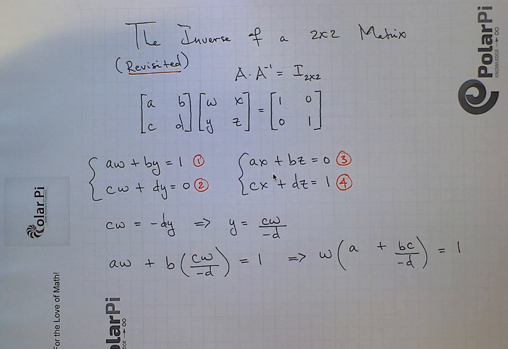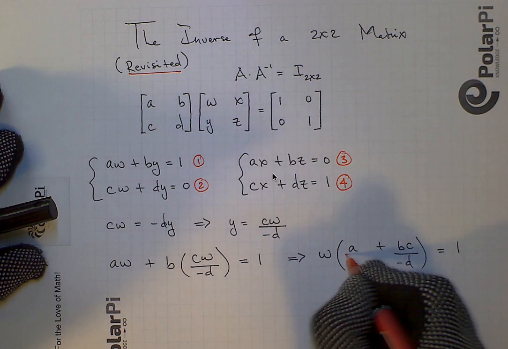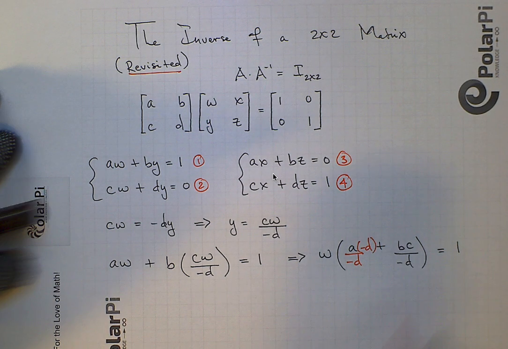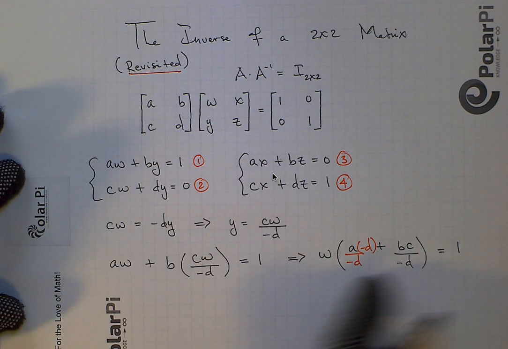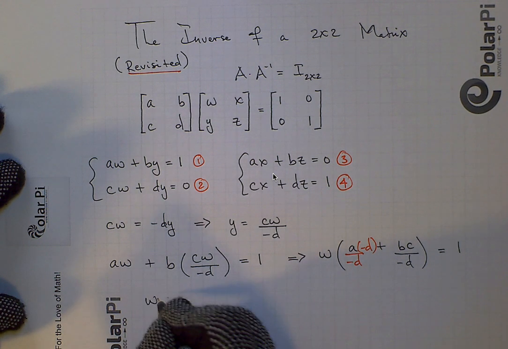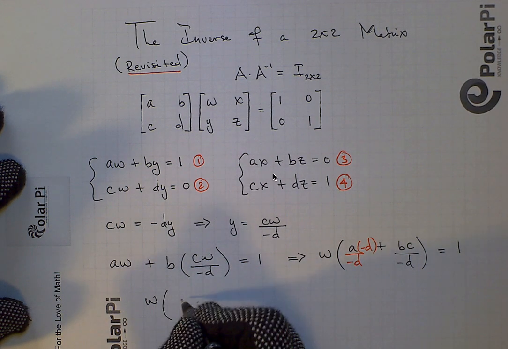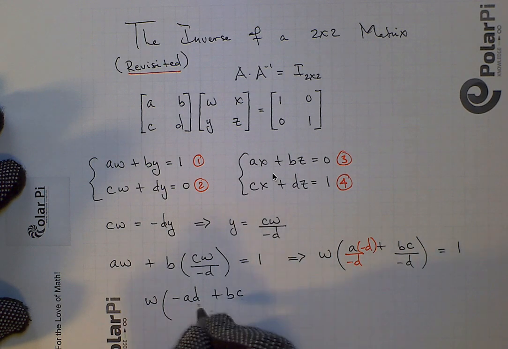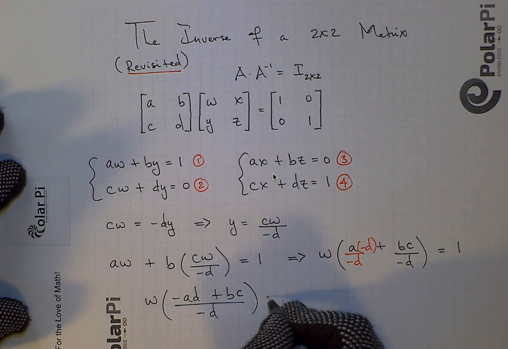And it's pretty clear what I should do next, which is multiply by negative D in the denominator, but then I'll have to do it in the numerator as well. So this equation changes into W times negative AD plus BC, all divided by negative D, is equal to 1.